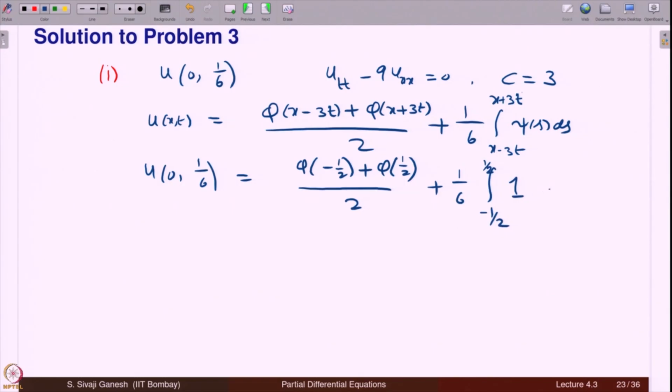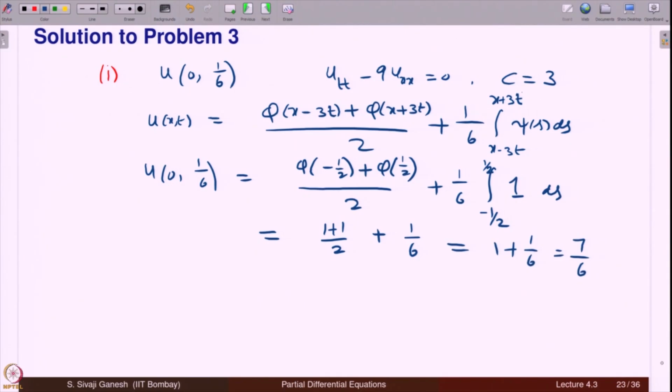It is 1. So, therefore, phi is also 1. So, 1 plus 1 by 2 plus 1 by 6 into this is half plus half, that is 1. So, this is 1 plus 1 by 6, which is 7 by 6. So, this is the answer.